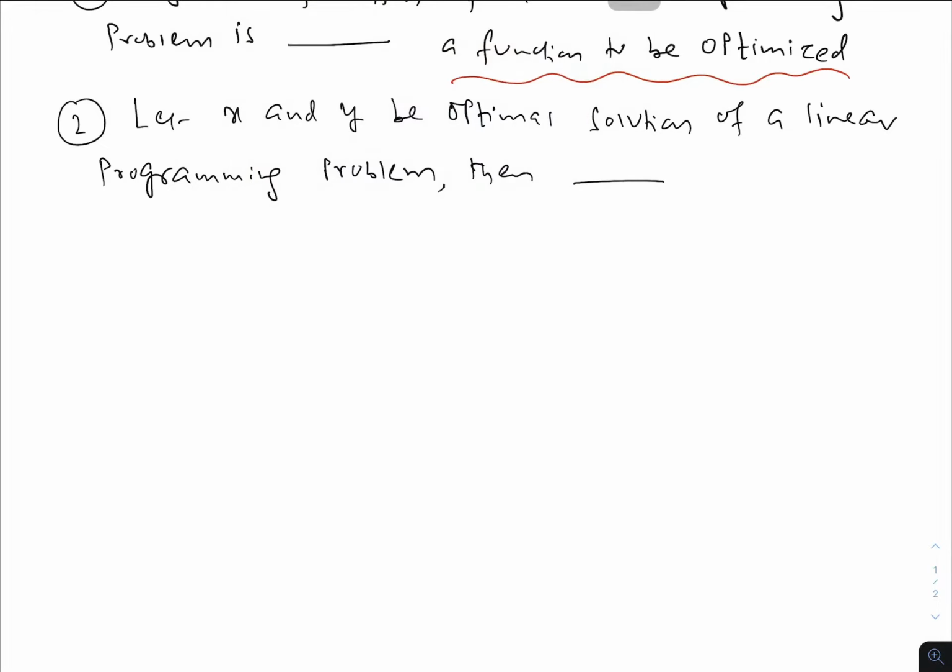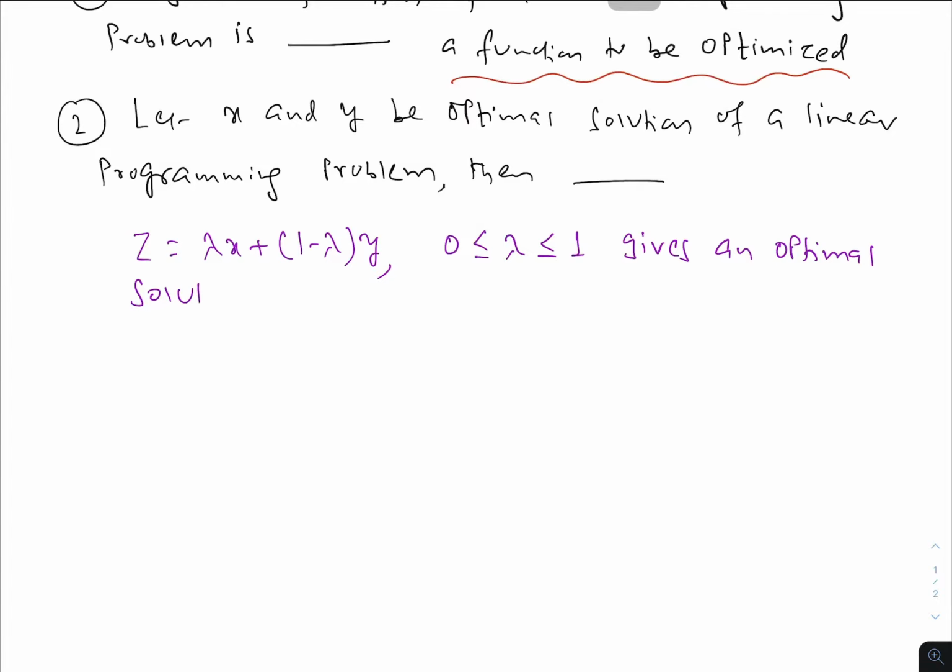It says like this, then z equal to lambda x plus 1 minus lambda y, with 0 less than or equal to lambda less than or equal to 1, gives an optimal solution. So there will be four options. You have to write this as the answer.